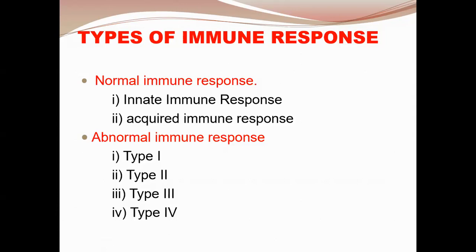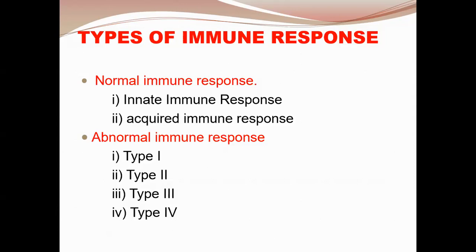These hypersensitivity reactions are either antibody mediated or cell mediated. So there are two types: antibody mediated immune responses and cell mediated immune responses. And these are further classified into type 1, type 2, type 3, and type 4 hypersensitivity reactions.